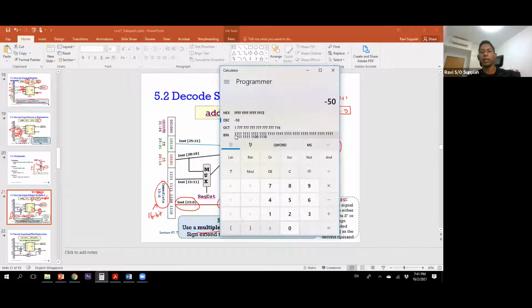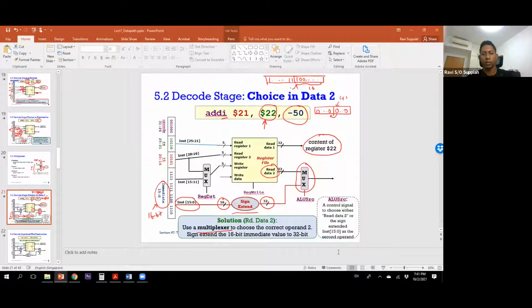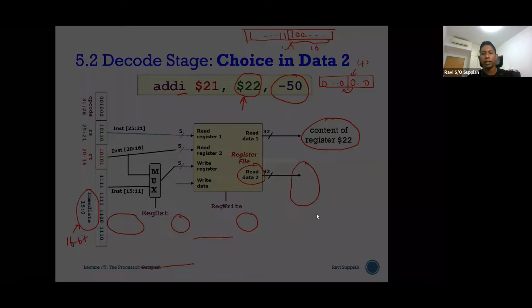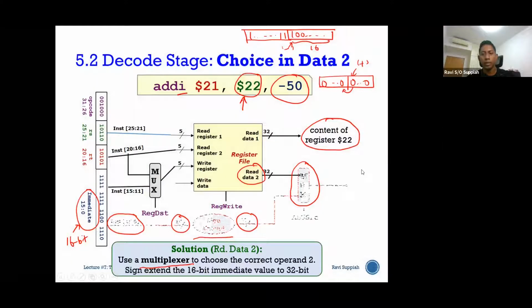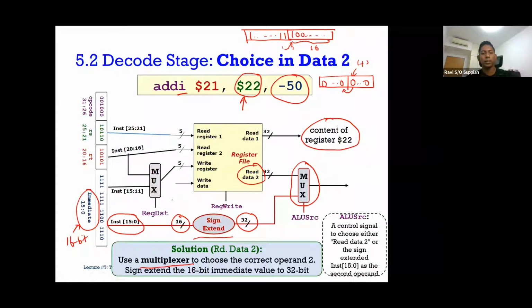That is how the sign extension works, and that is what we need to do in the processor to make the 16-bit become 32-bit. This multiplexer over here will then help us decide between taking the 32-bit data from the register file or taking the 32-bit data from the immediate field of the instruction.